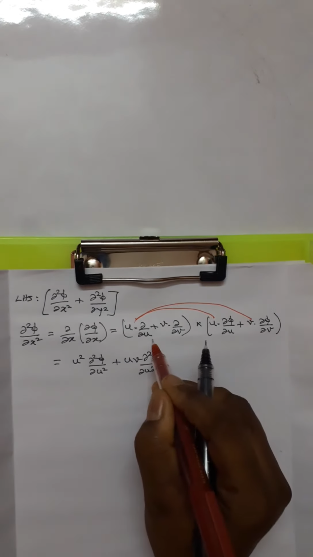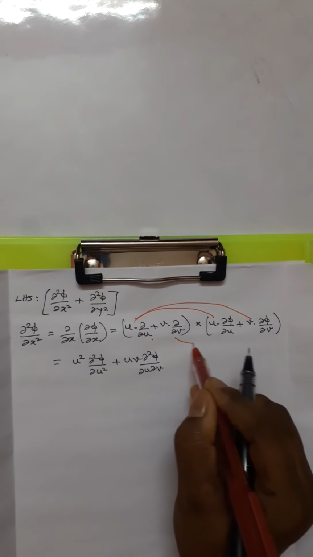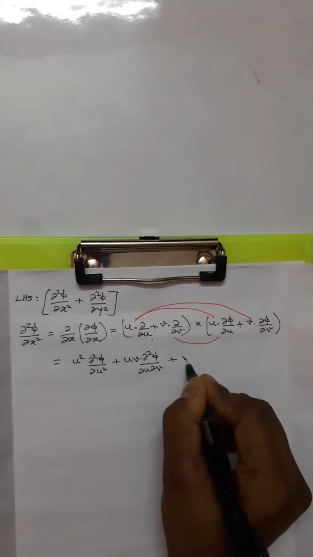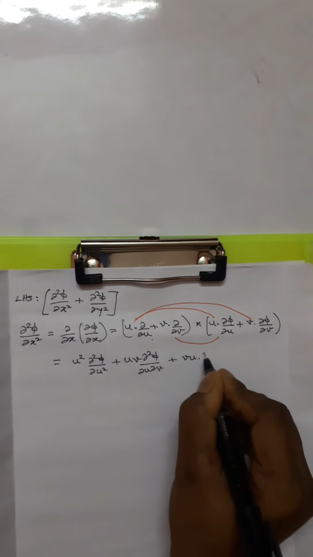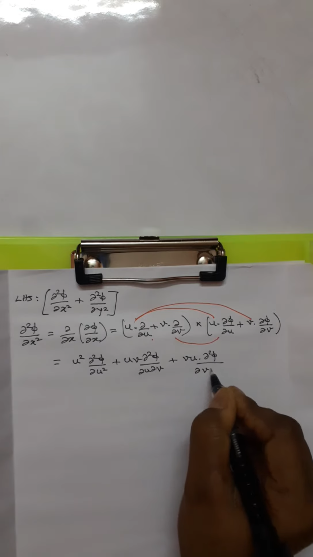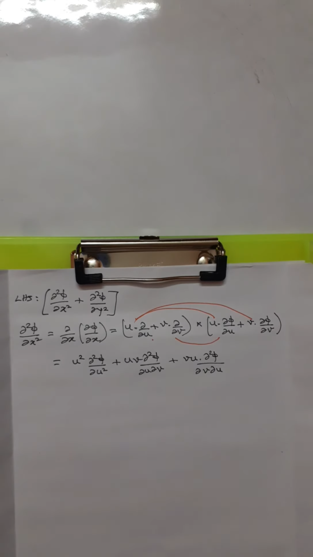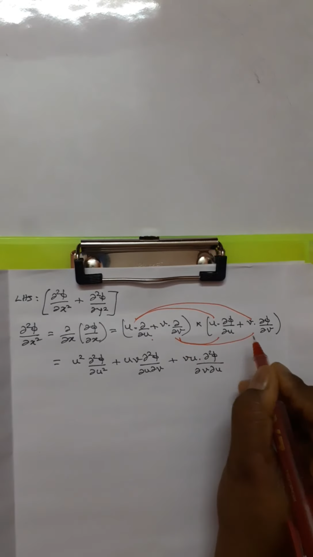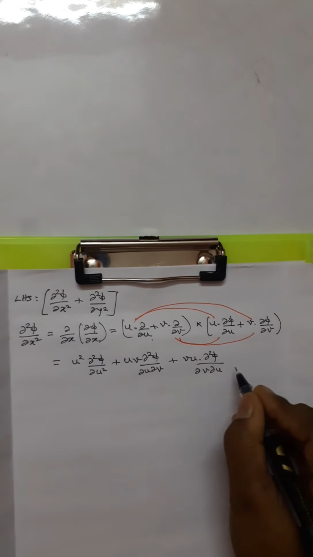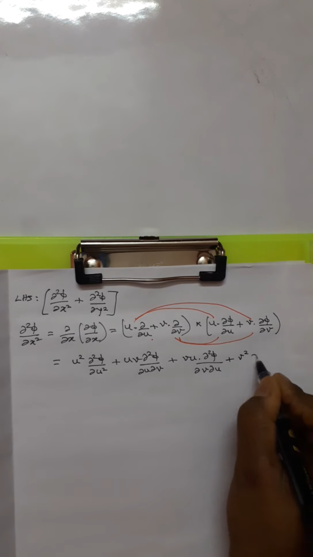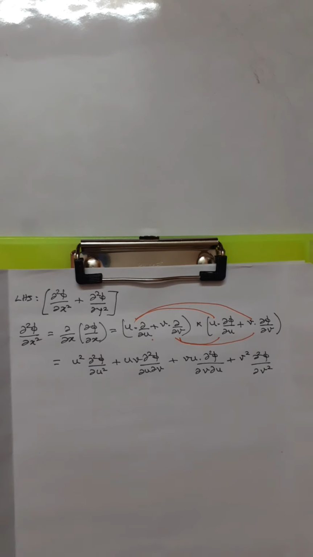Next, this along with this, plus vu dou square phi by dou v dou u. And finally, this along with this, plus v square dou square phi by dou v square, right?